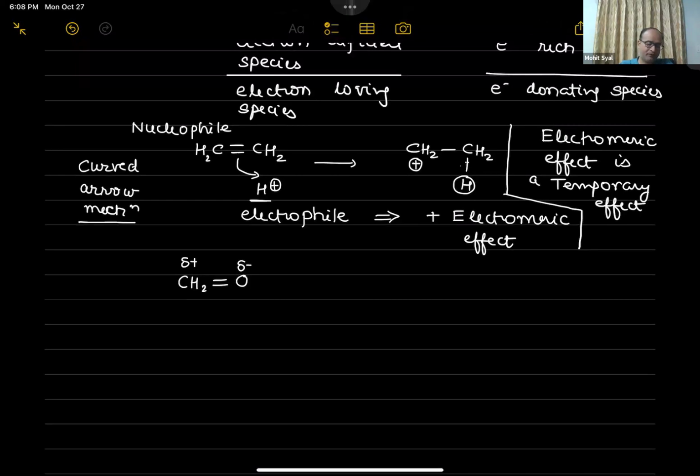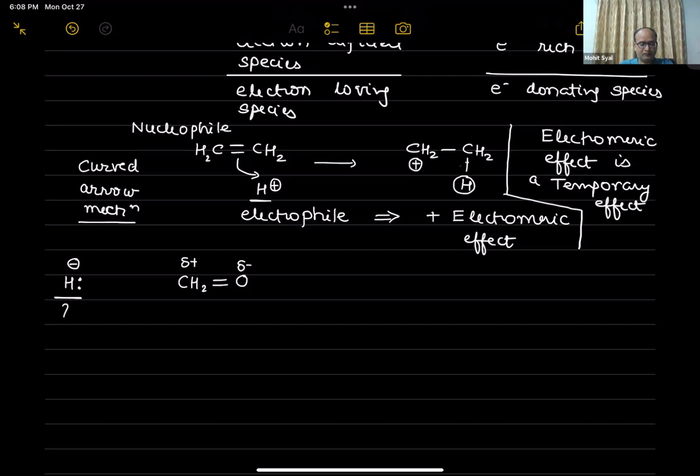And now I react this molecule with H minus. Is this an electrophile or a nucleophile? Electron loving species or nucleus loving species?